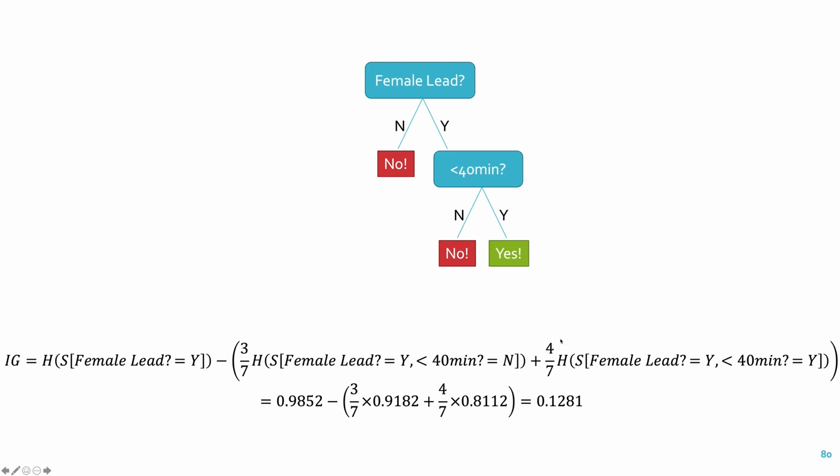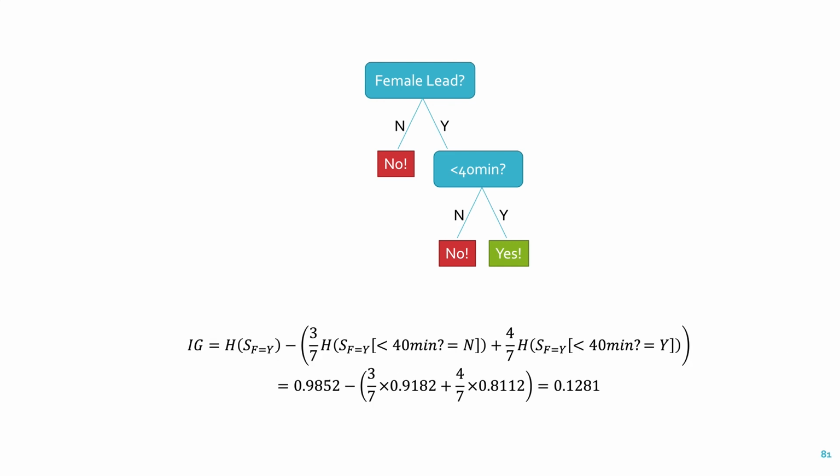So we calculate entropy like this, and the information gain is going to be 0.12. Make sure that you calculate this on your own and you're getting the same numbers. It's very important that you understand this process. I'm going to use a little shorthand here so we don't run out of room. So S sub F equals Y is the subset of the full set where female lead equals yes.